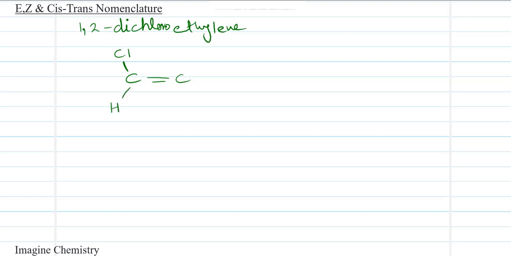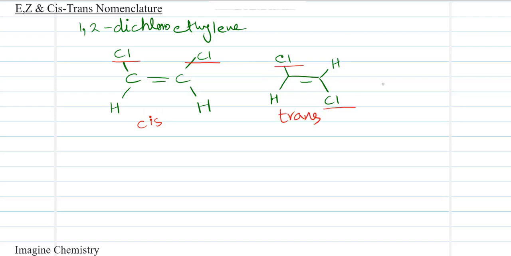The first one where the two substituents are on the same side, and for the second case the two substituents will be on different sides. So the first isomer is the cis isomer because here the two groups are on the same side. And for the second case where the two groups are on different sides is the trans isomer.